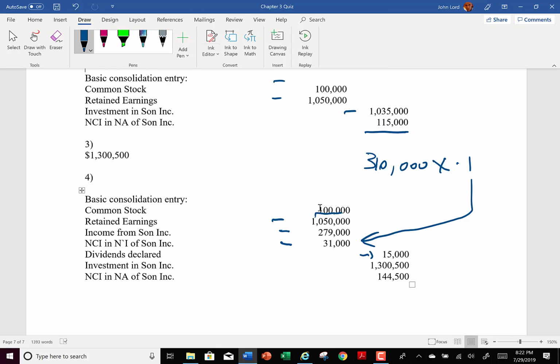So under the equity method, I had my initial investment, which we figured out to be $1,035,000.